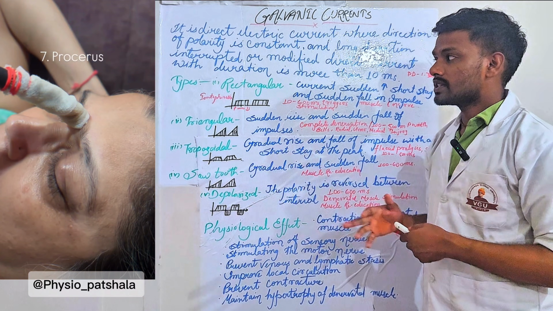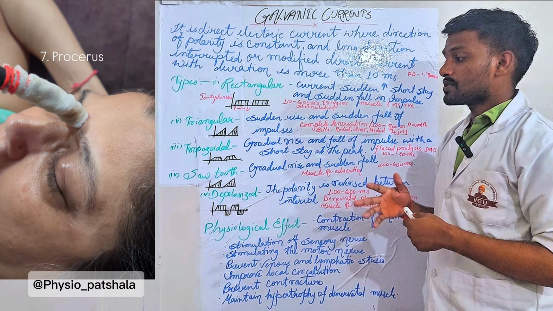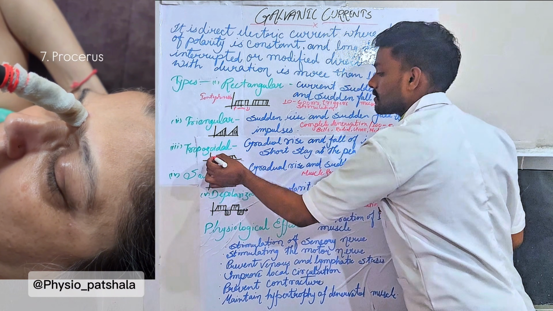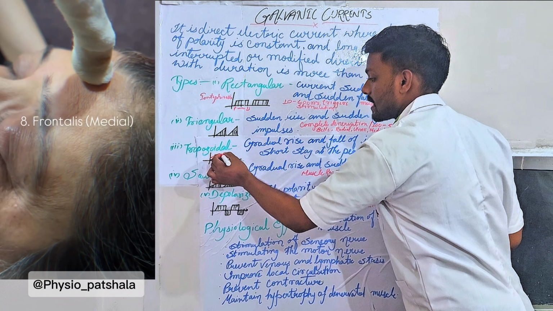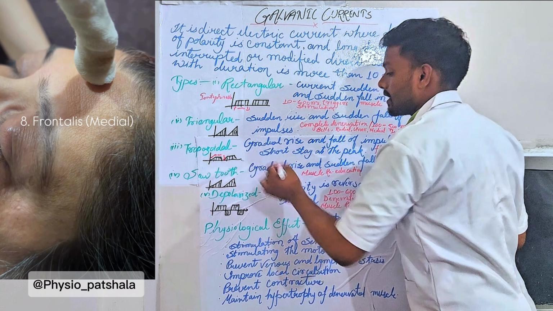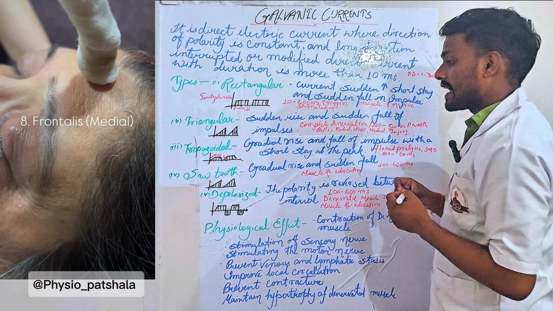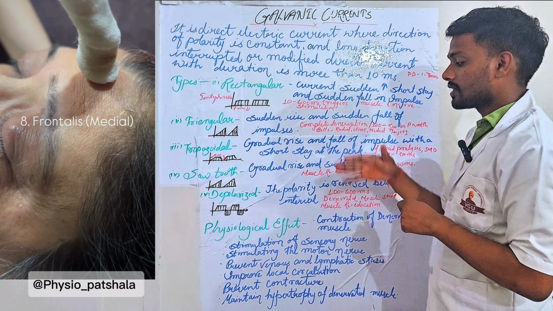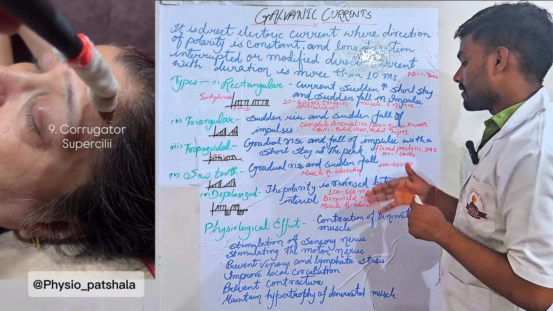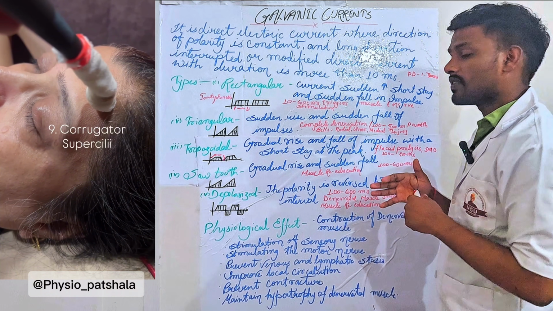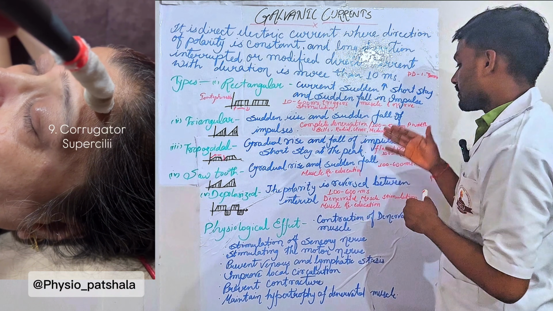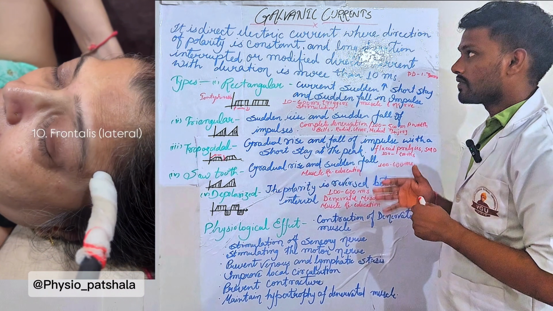The third one is the trapezoidal kind of galvanic current.